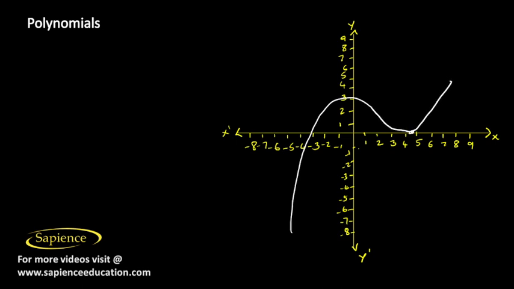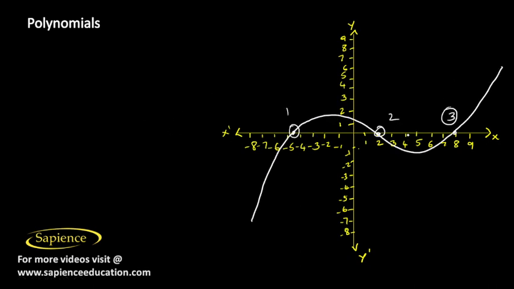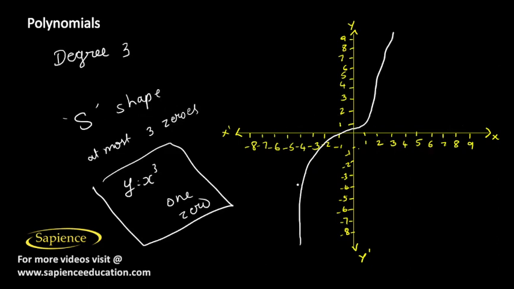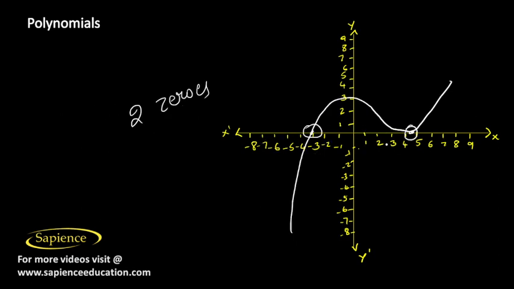There are only two zeros here, 1 and 2. So the graph of a degree 3 polynomial, also known as a cubic polynomial, could be like this with two zeros, or it could be like this with 3 zeros, and it can also have one single zero, but all of them will have the S shape.